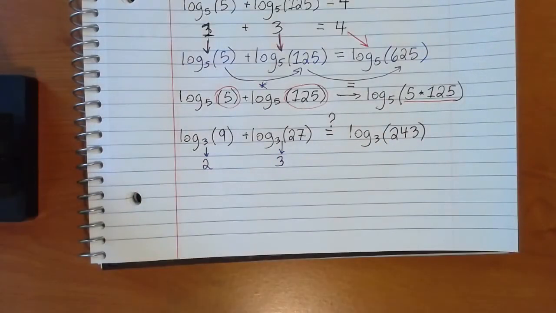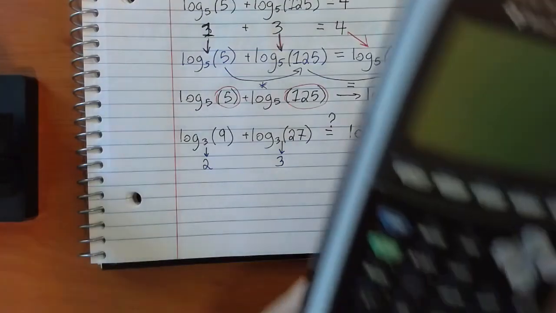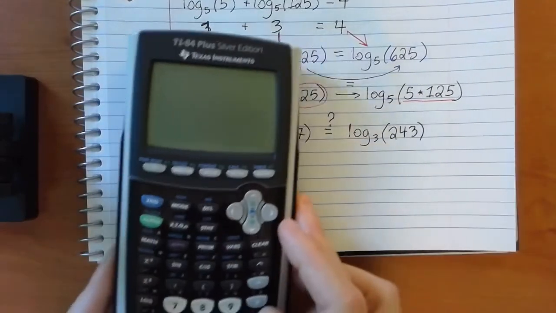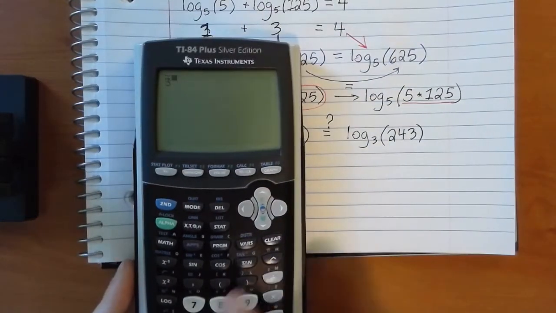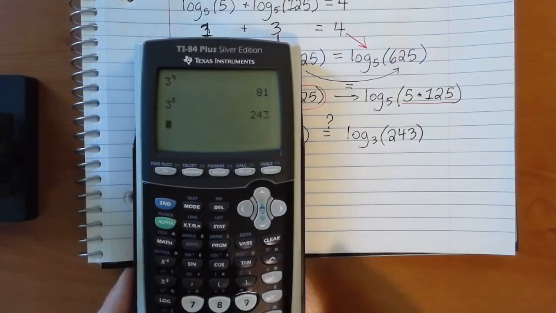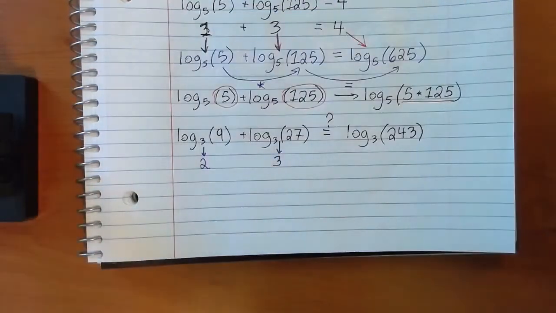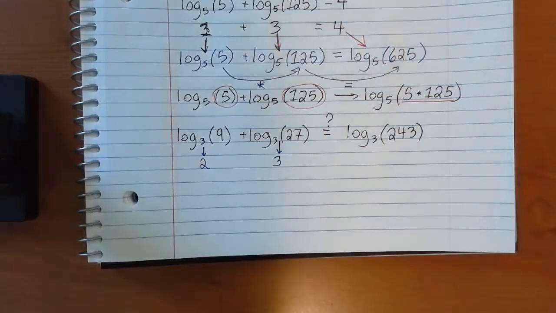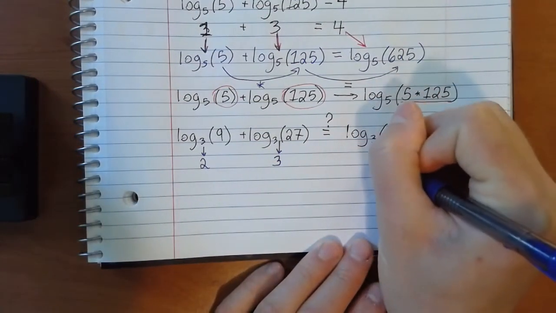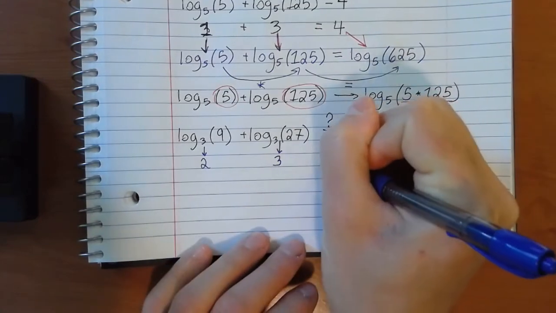And so we can just grab a calculator real quick and check that out. Let's try 3 to the 4th. Oh, that's not big enough. 3 to the 5th. Perfect. 3 to the 5th equals 243. So that means that log base 3 of 243 is equal to 5.